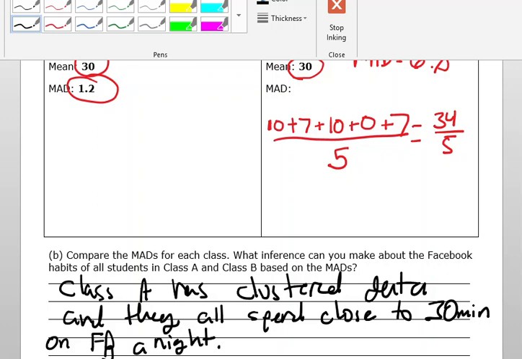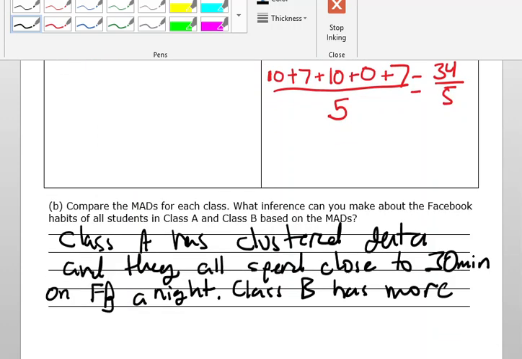Okay. Class B has more variability and the data has a greater range.